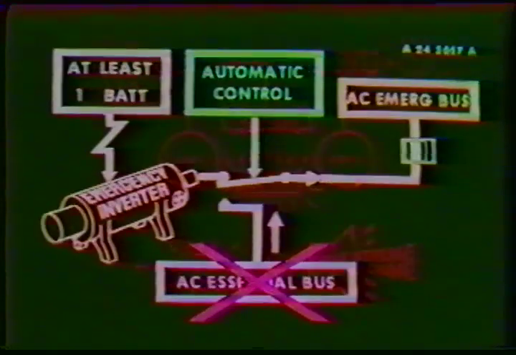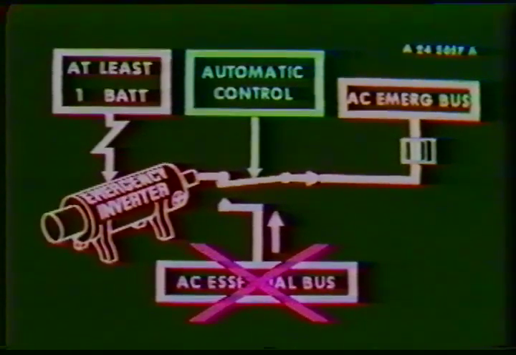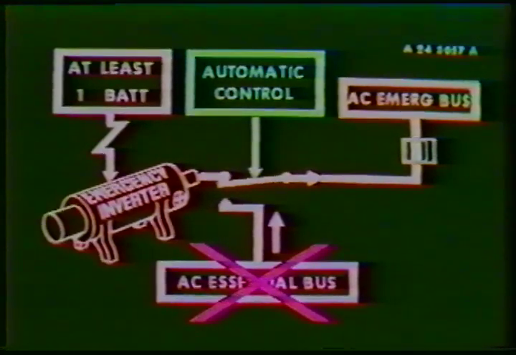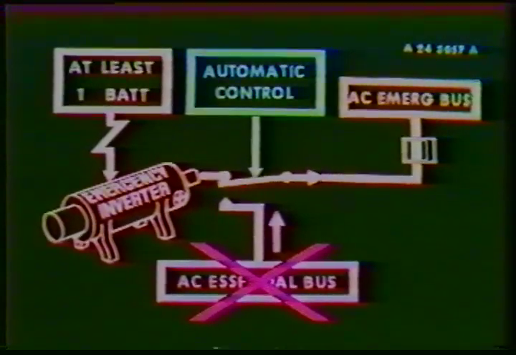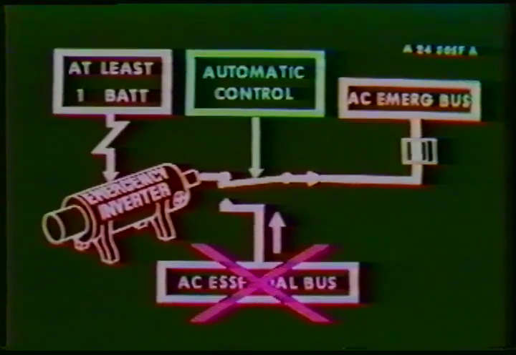Since the AC emergency bus receives its single-phase power normally from the AC essential bus, one would think that a failure of the AC essential bus would render the AC emergency bus inoperative. Regardless of the position of the AC essential rotary selector, whenever the AC essential bus is de-energized, the emergency inverter will automatically start up, delivering its single-phase power to the AC emergency bus.